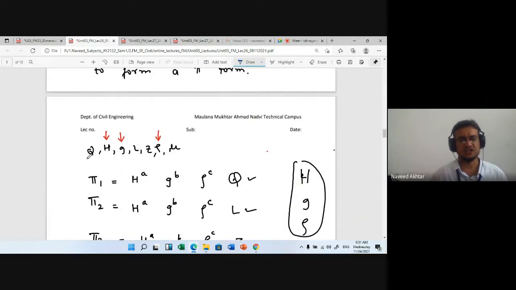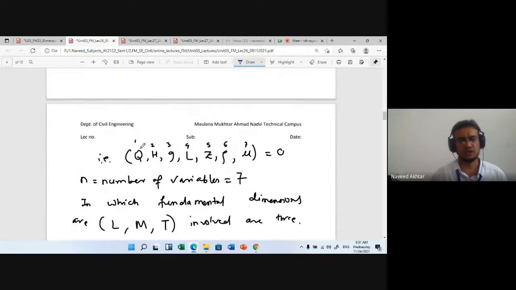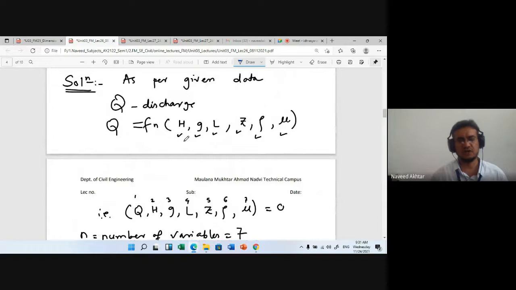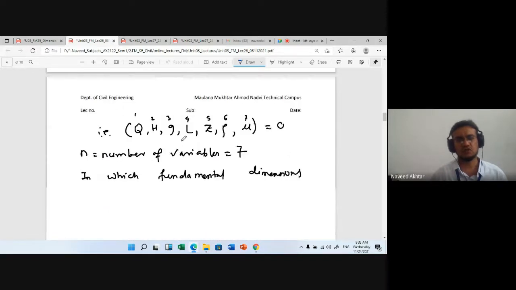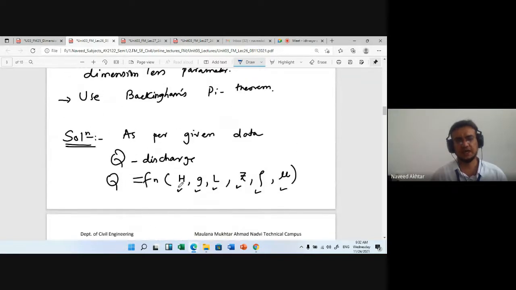Discharge is given as a function of H, g, L, Z, rho and mu. So we have Q, H, g, L, Z, rho, mu. How many? 1, 2, 3, 4, 5, 6, and 7 variables are there.